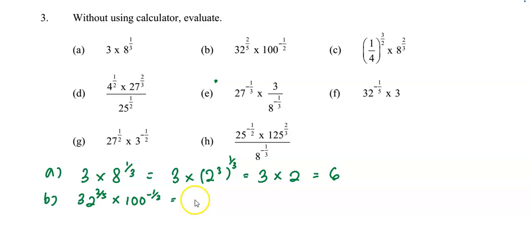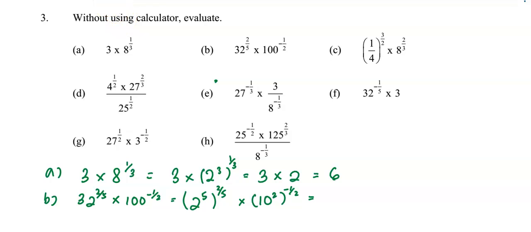So 32 can be converted into 2 power of 5. This is the simplest base we can get. And originally it has the power of 2 over 5, multiplied by 100, which you can convert into 10 power of 2, and this is power of negative 1 over 2.